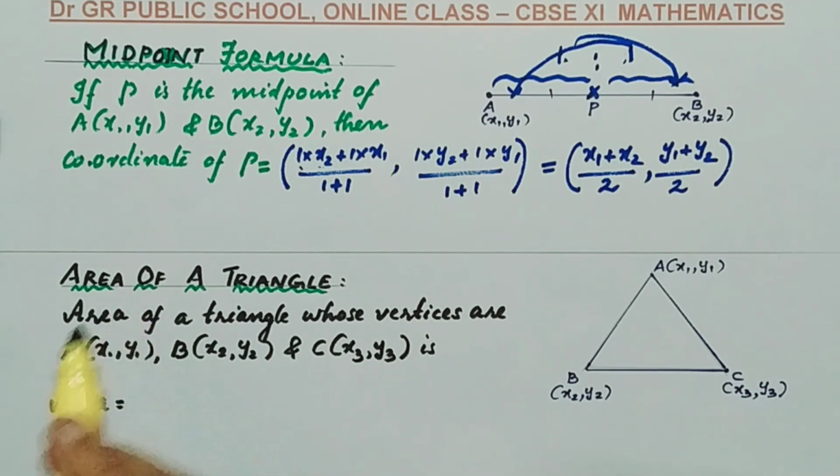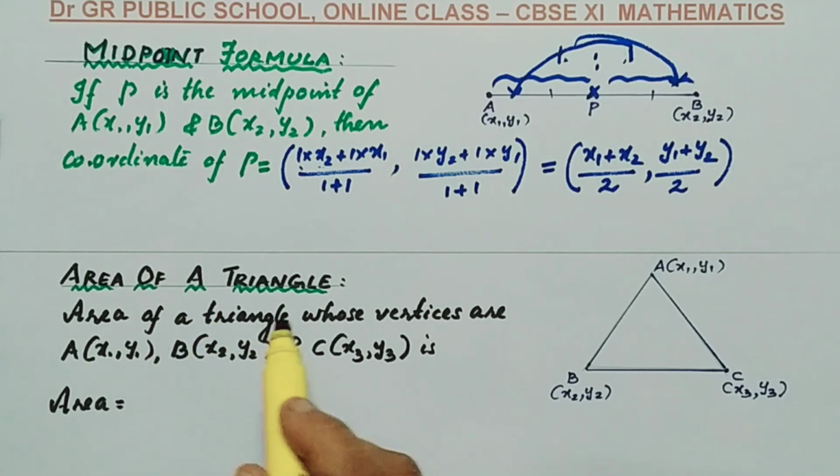Next formula is the area of a triangle. How to find the area of a triangle when 3 vertices are given?